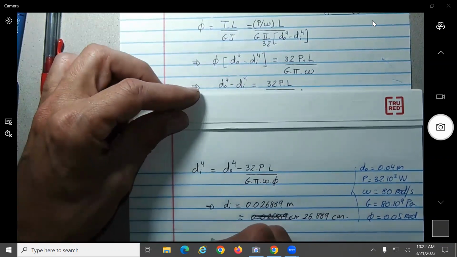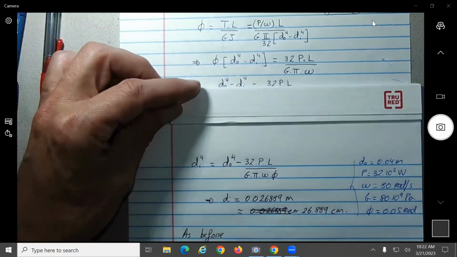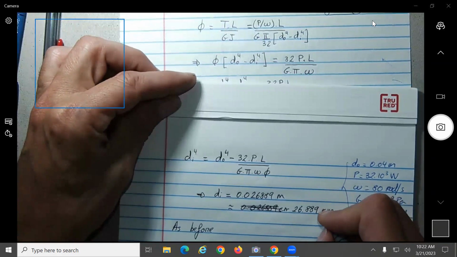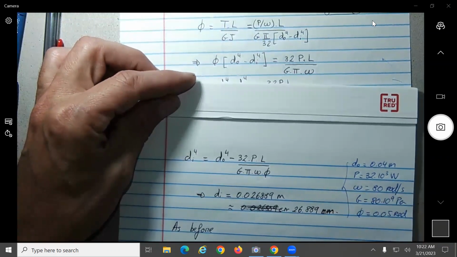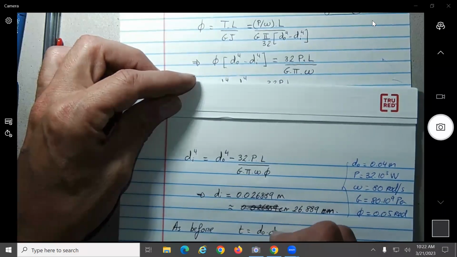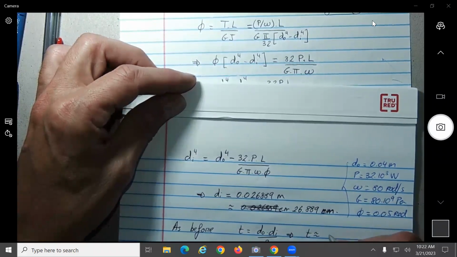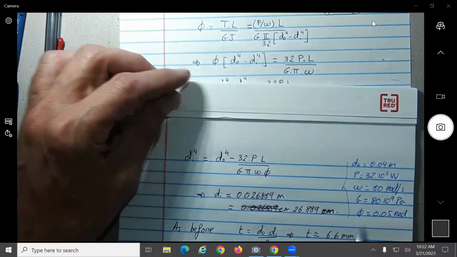So again, if we do now T, as before, it'd be 26 millimeters, sorry, correct. So as before, we have T equal to D outside minus D inside divided by 2. And this gives approximately 6.6 millimeters.